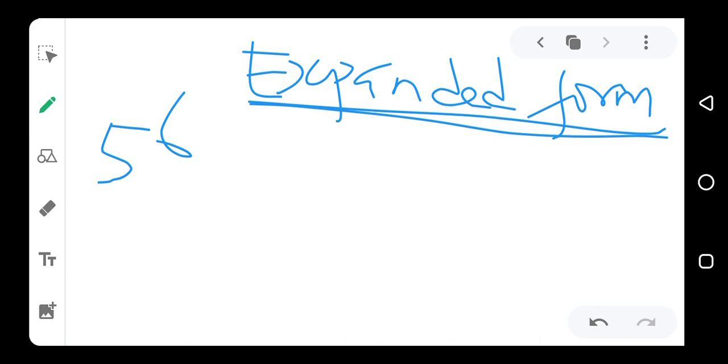It is going to be equal to 5 into the number that is on top, that is 5 into the power, which is 6. So we write 5 and we use the multiplication sign to separate it.